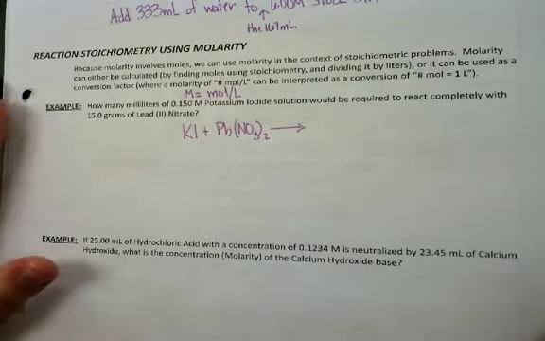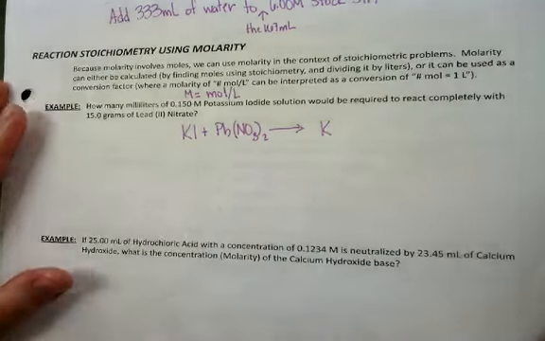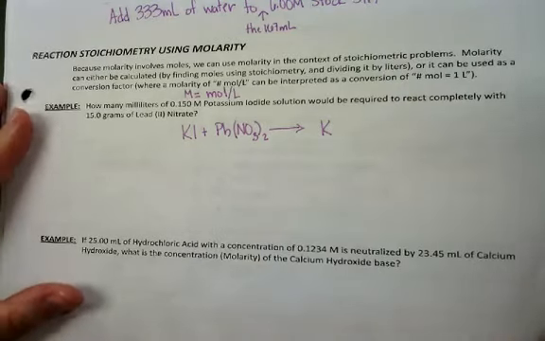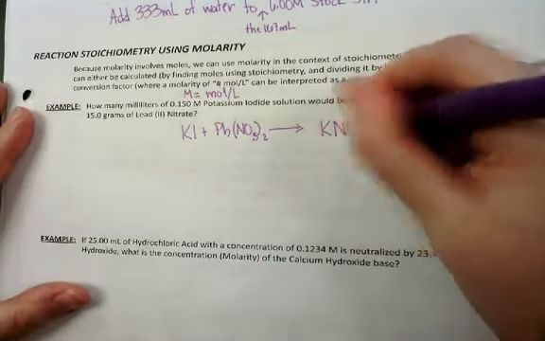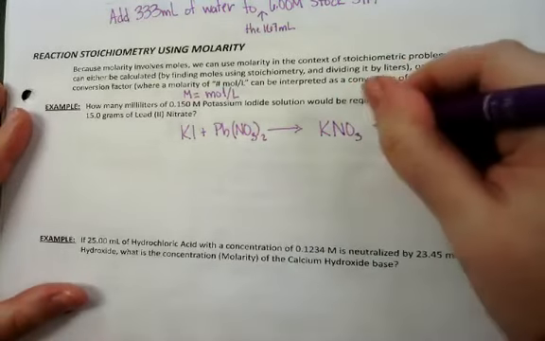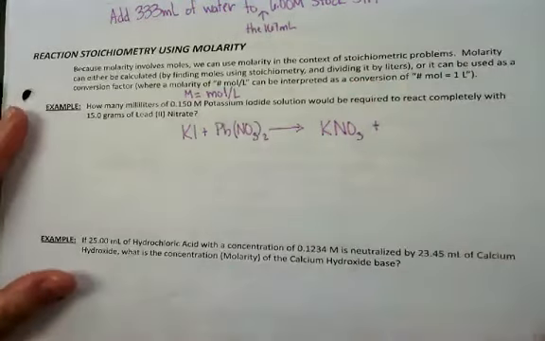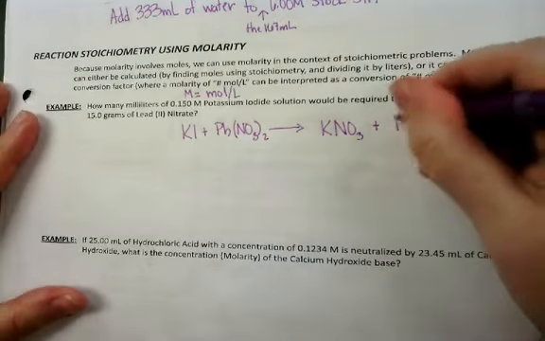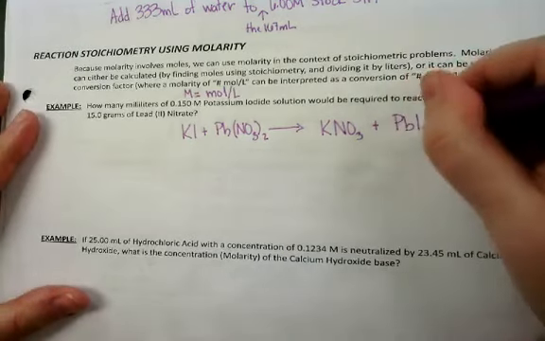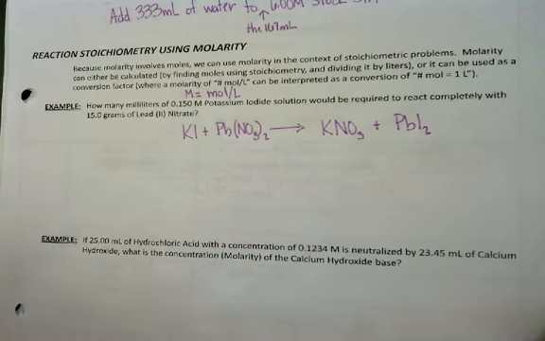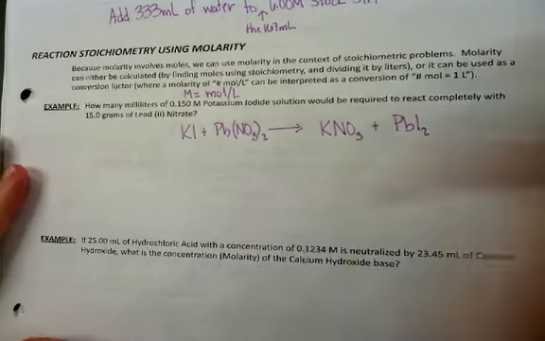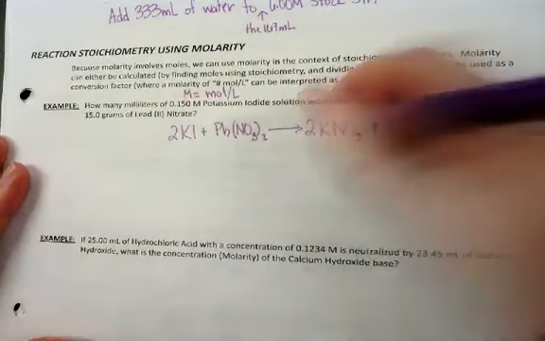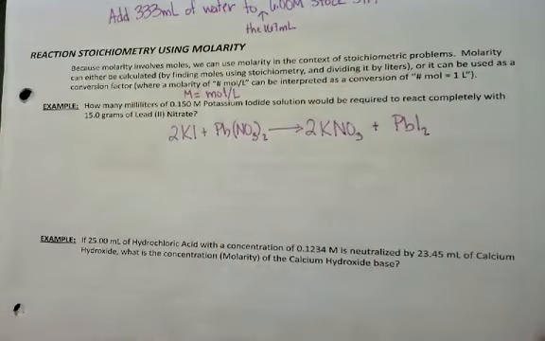And then what are your products going to be? So if we start with K, it's going to be K what? KNO3 plus what? PbI2. Okay. Is this balanced? No. What can we do to balance it? Good. 2 KI, 2 KNO3.